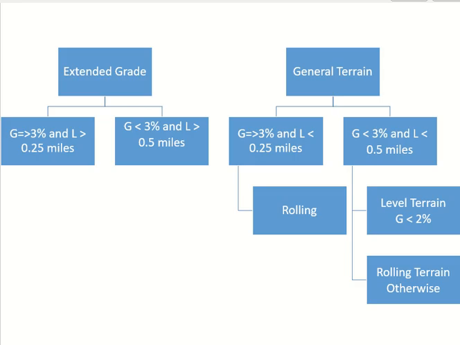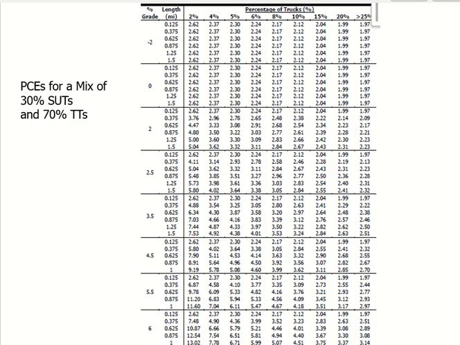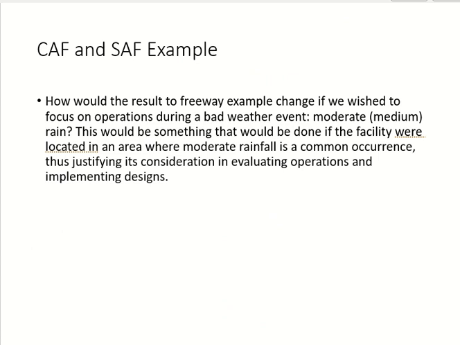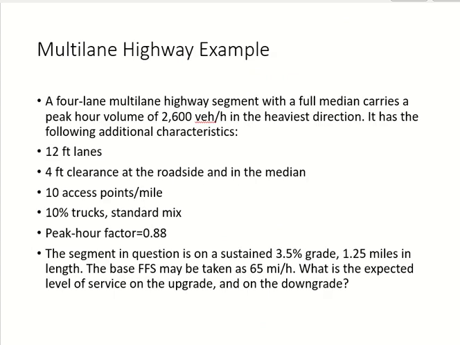What is written about them? Standard mix. Standard is 70-30. Single unit 70, trailer trucks 30. If they say standard, default, it all means the same thing.